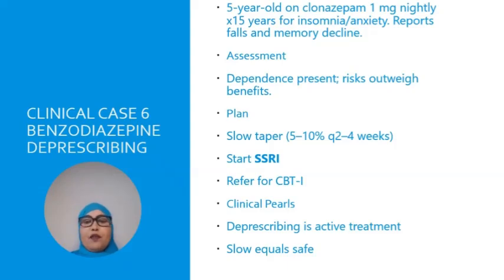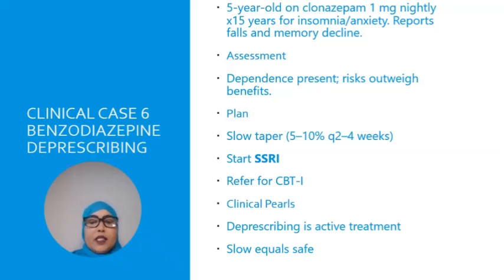The patient reports falls and memory decline. So the patient reports falls, and their memory is declining. When you assess, you realize that dependency is present and the risks outweigh the benefit.